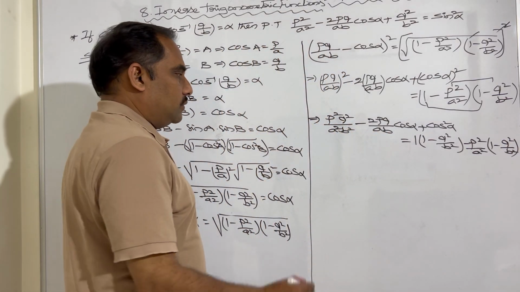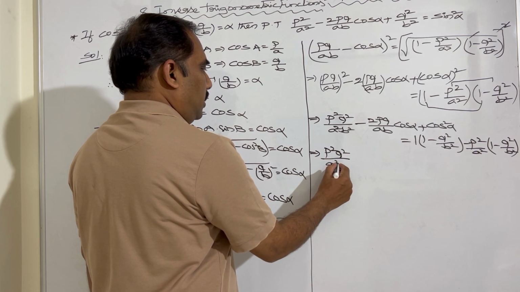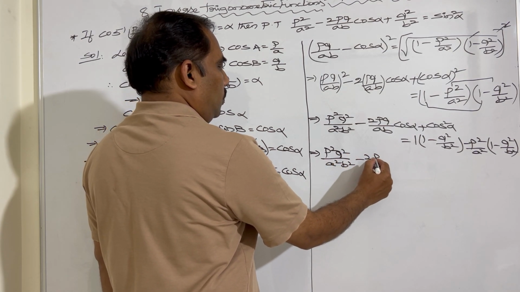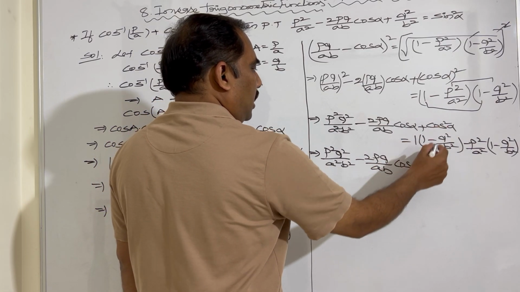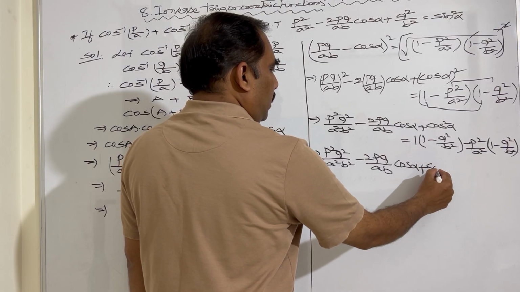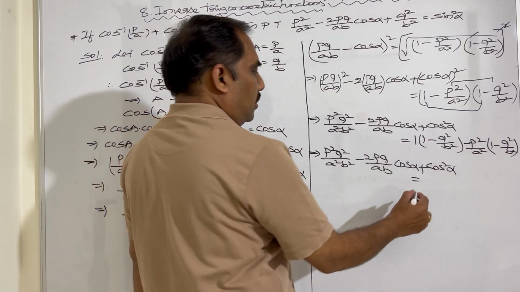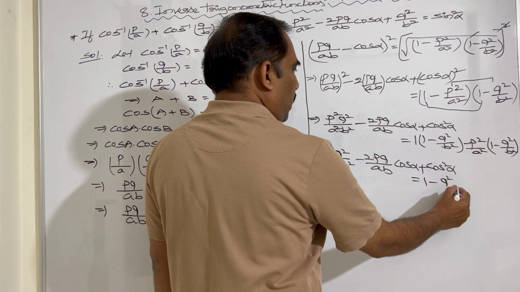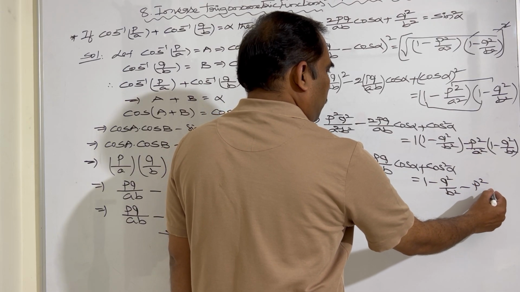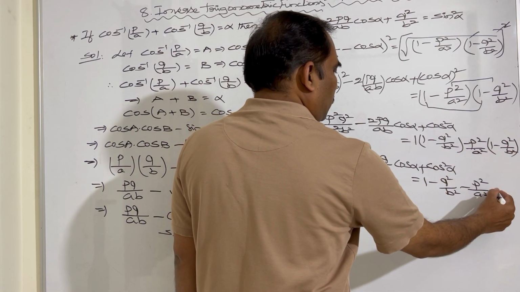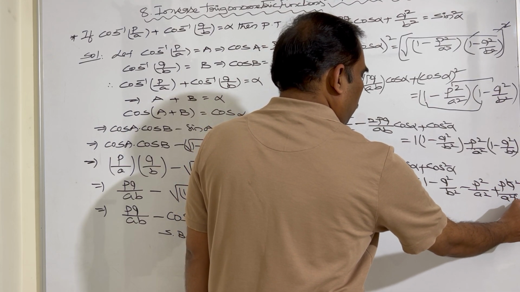Now this implies p square q square by a square b square minus 2pq by ab into cos alpha plus cos square alpha is equal to 1 minus q square by b square minus p square by a square, and minus into minus is plus, p square q square by a square b square.